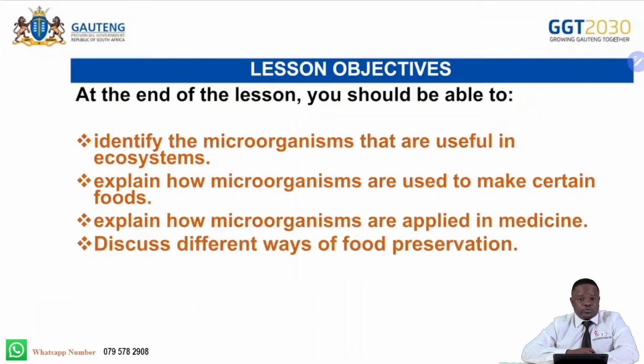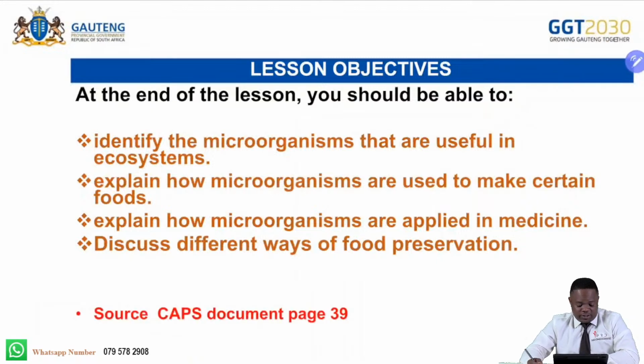Last but not least, to be able to discuss different ways of food preservation. We know that our food gets bad, gets stale, so we need to know how we can actually save food. All this is taken from our CAPS document, page 9.